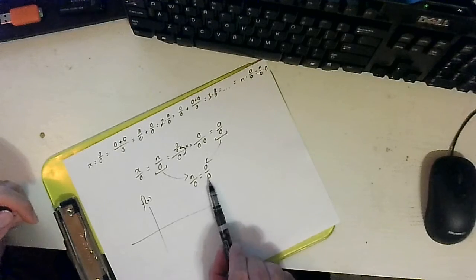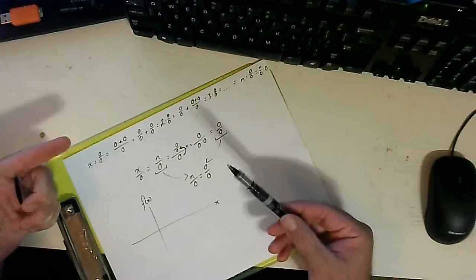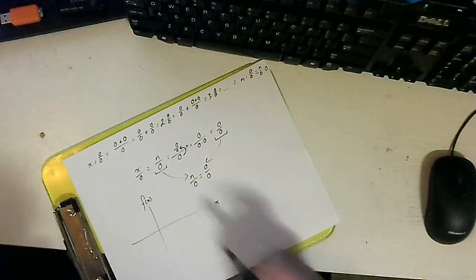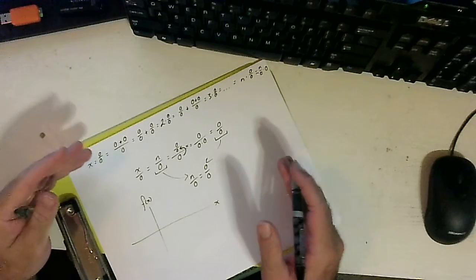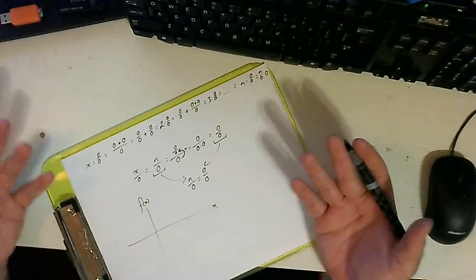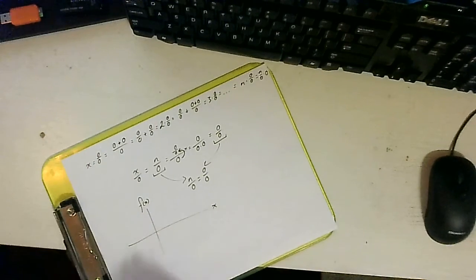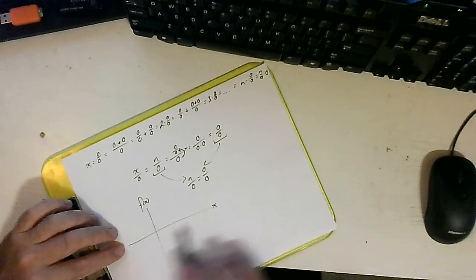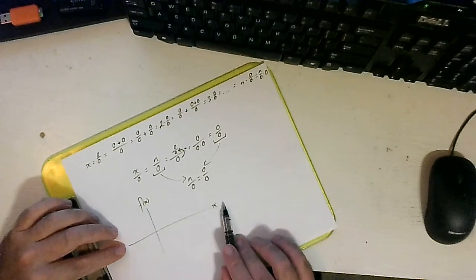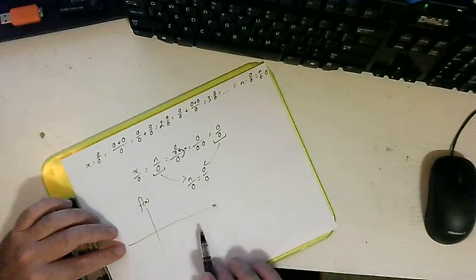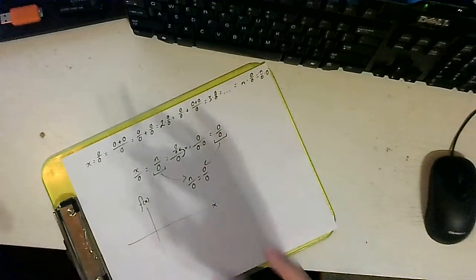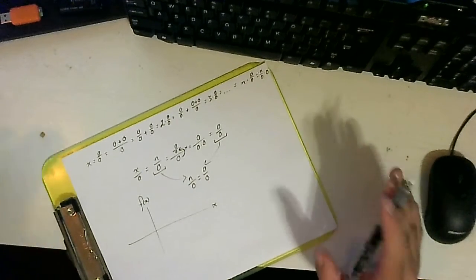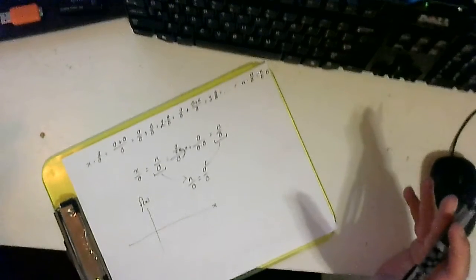So a division by zero means that we have gone into a perpendicular dimension, which is why it doesn't seem to act right. Because all of the math that we're familiar with operates in the dimension that we're working in. Well, a division by zero throws us into a perpendicular dimension where we cannot do any work. We don't have access to it. We can't see anything that's happening there.